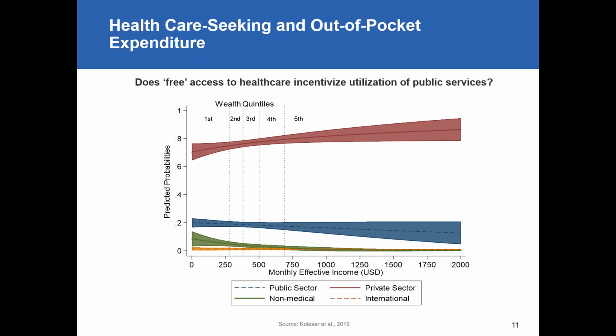We can see the private sector at the top, shown in red, is the most likely provider. Under that, we can see public sector as the second most likely provider in blue. There is no statistically significant difference across wealth quintiles. We can also see non-medical, which includes pharmacies, markets, and traditional options in green, and international care seeking shown in yellow at the bottom of the figure.